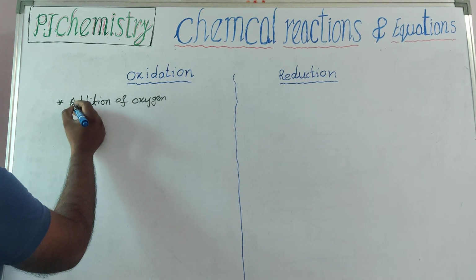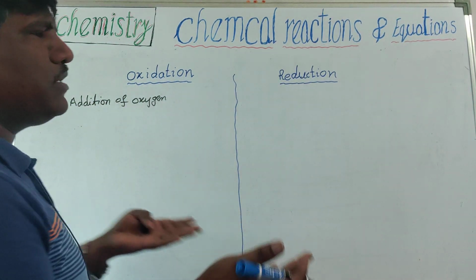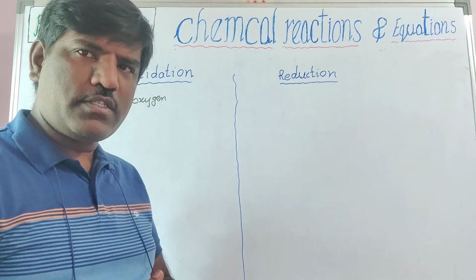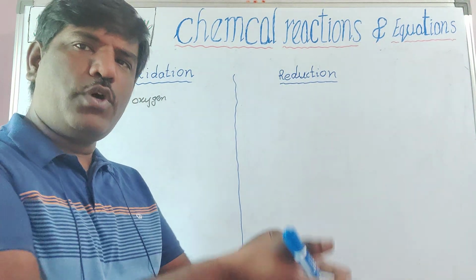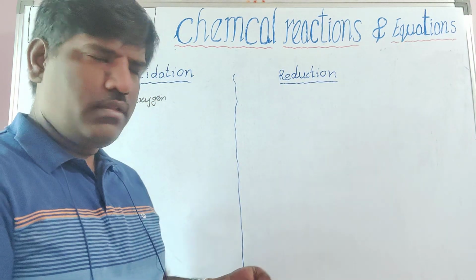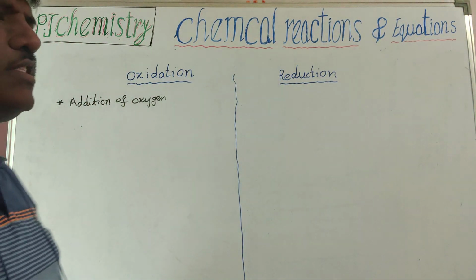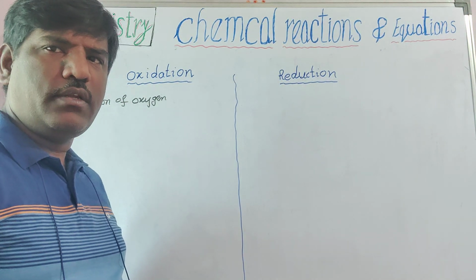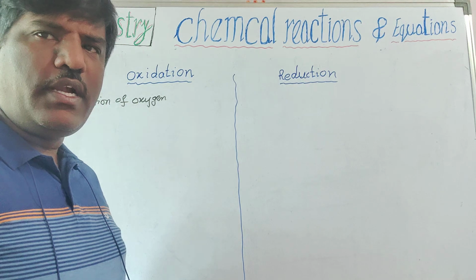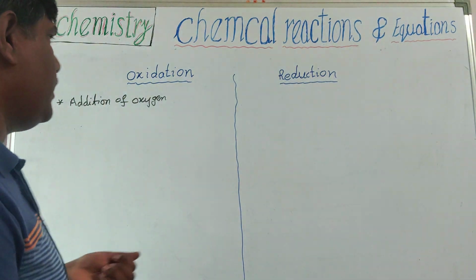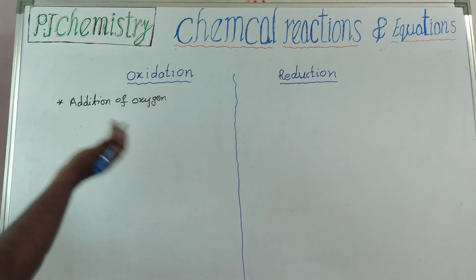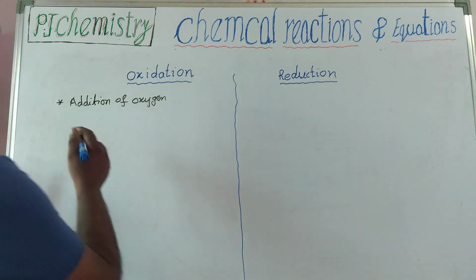Addition of oxygen is nothing but addition of oxygen, a more electronegative element. Some books give addition of a more electronegative element. That is also correct, because oxygen is a more electronegative element. Next to fluorine also you can add. So addition of a more electronegative element, like that also.